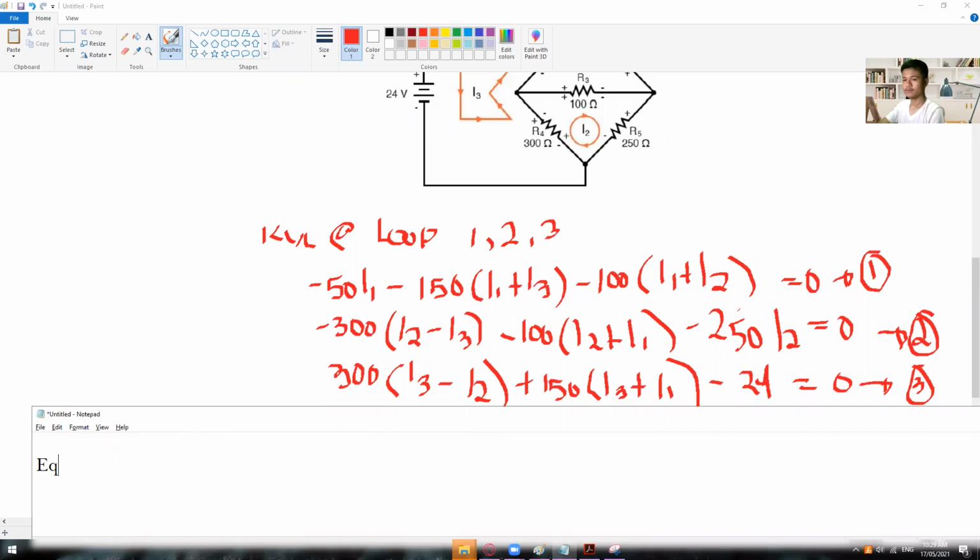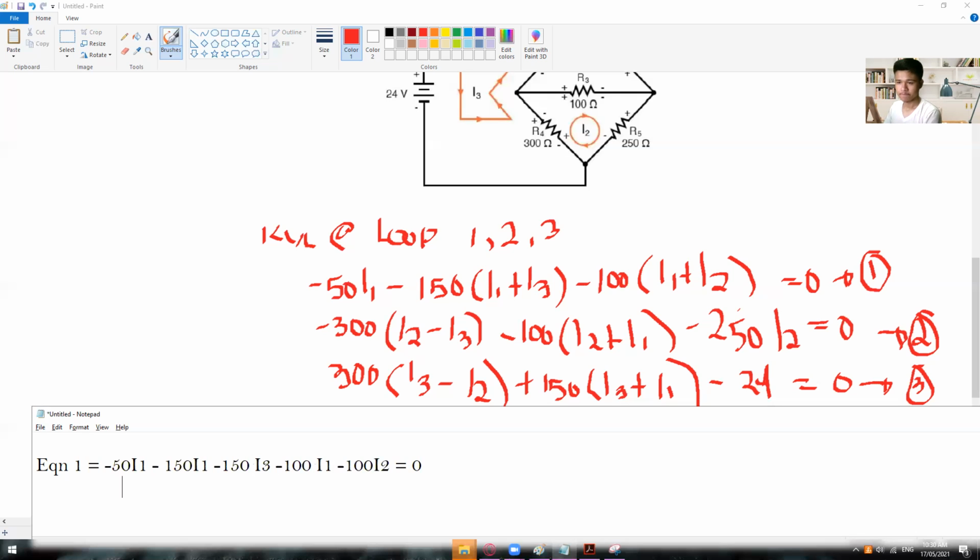For equation number 1, we have negative 50 I sub 1 minus 150 I sub 1 minus 150 I sub 3 minus 100 I sub 1 minus 100 I sub 2 is equal to 0.